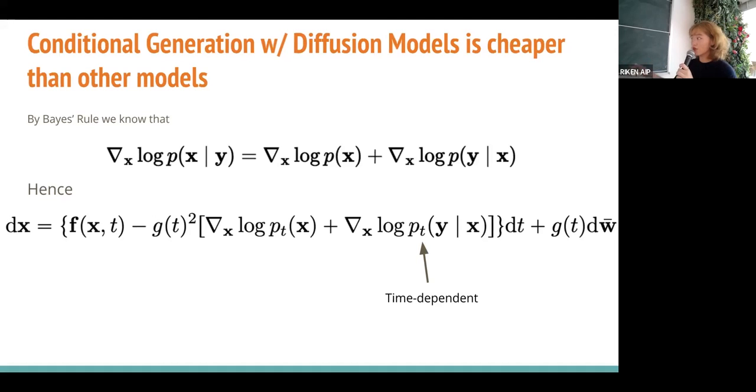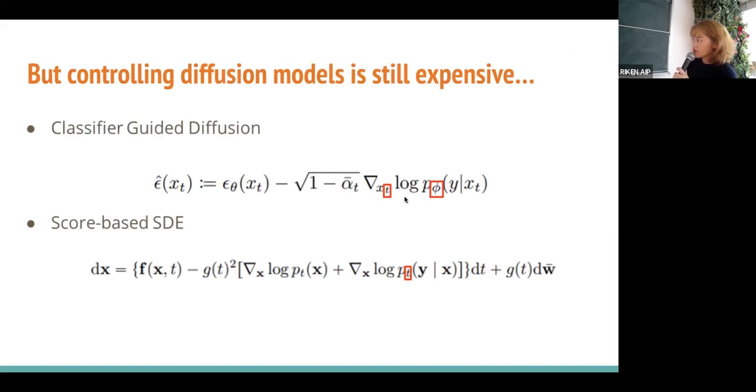You'll have to train your own noisy classifier, which also takes into account how much noise you have added to your clean image. Basically these are two different formulations of the same problem, but they both need to consider this time or noise dependency.